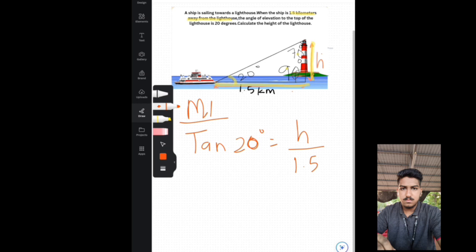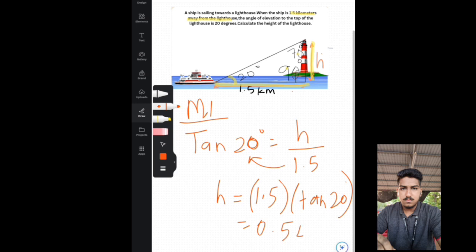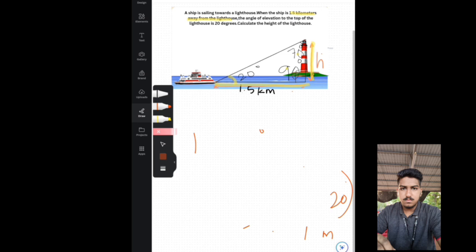In order to find h, we have to move the 1.5 kilometers and multiply with tangent 20, so h equals 1.5 times tangent 20. So we get the answer, 0.546 meters.